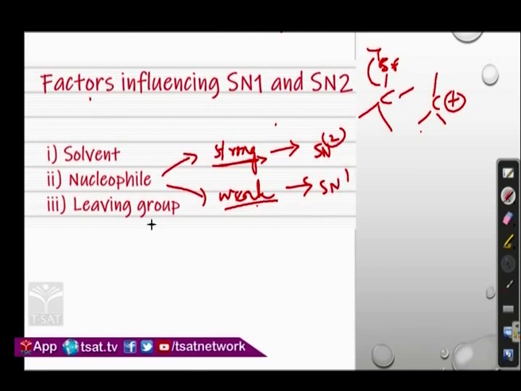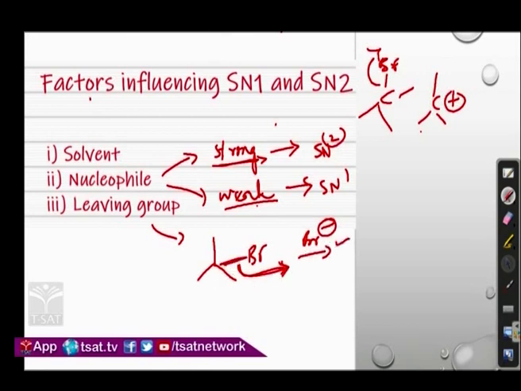Next, leaving group. What is meant by leaving group is, if you consider an alkyl halide, during this reaction bromine leaves as a bromide ion, Br minus. So the species, element or part of the molecule that is leaving is said to be the leaving group.